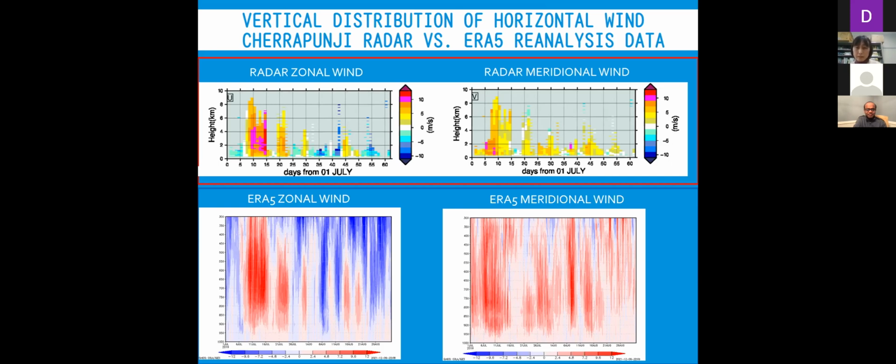And the upper panel shows the radar-derived horizontal wind, and the bottom figure is ERA5 reanalysis data. So the radar data can reasonably derive the vertical distribution of horizontal wind.